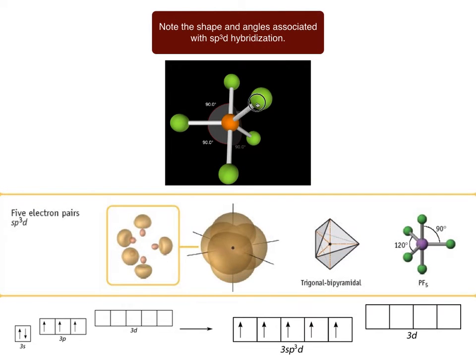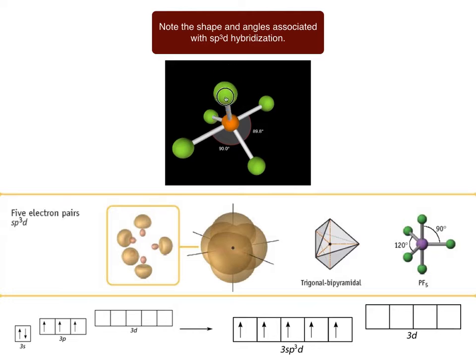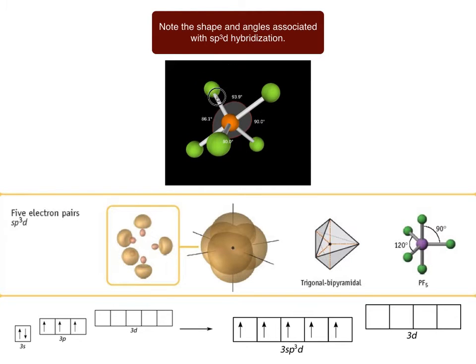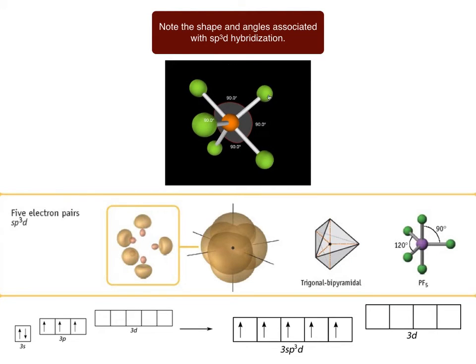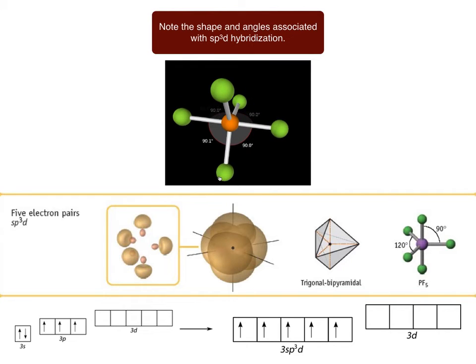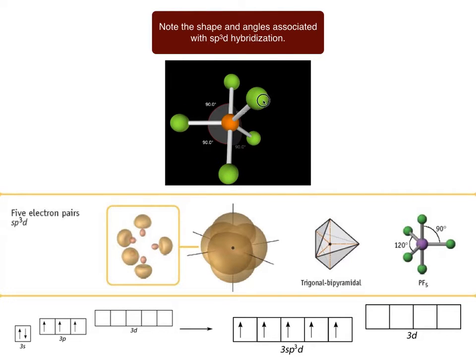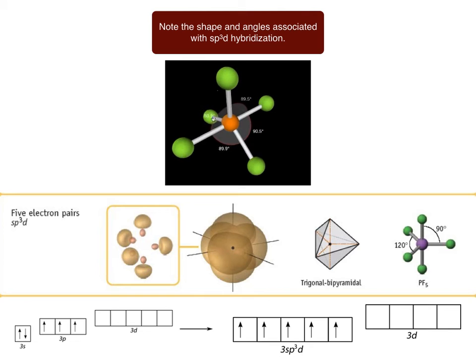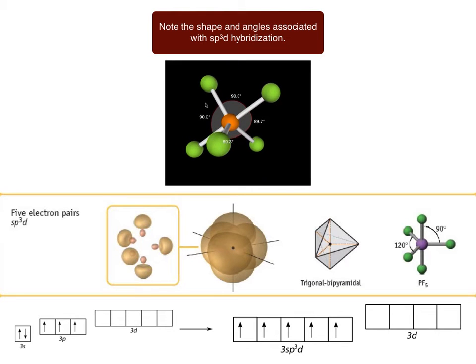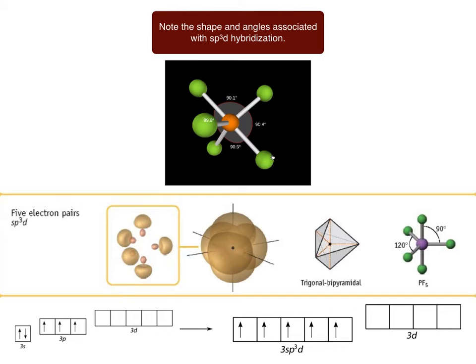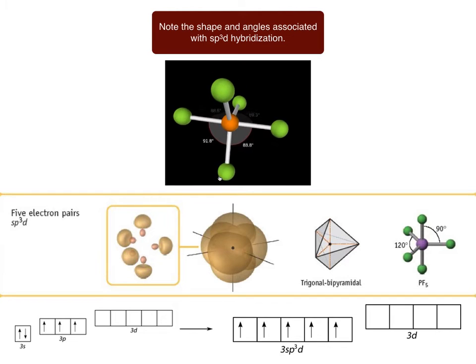In the case of phosphorus pentafluoride, phosphorus's valence electrons occupy five hybridized orbitals of 1/5 s, 3/5 p, and 1/5 d character, or five sp3d hybridized orbitals.